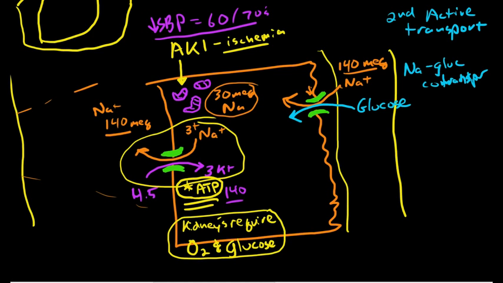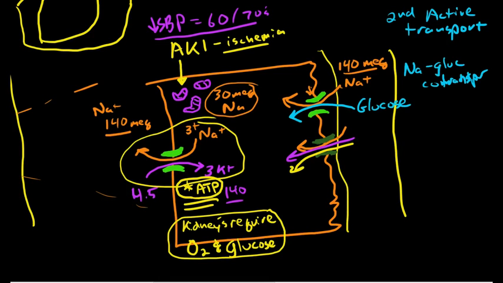Now, another important cotransporter to be aware of, and we're going to talk about this when we talk about the concentration of urine, is called the sodium potassium chloride cotransporter.